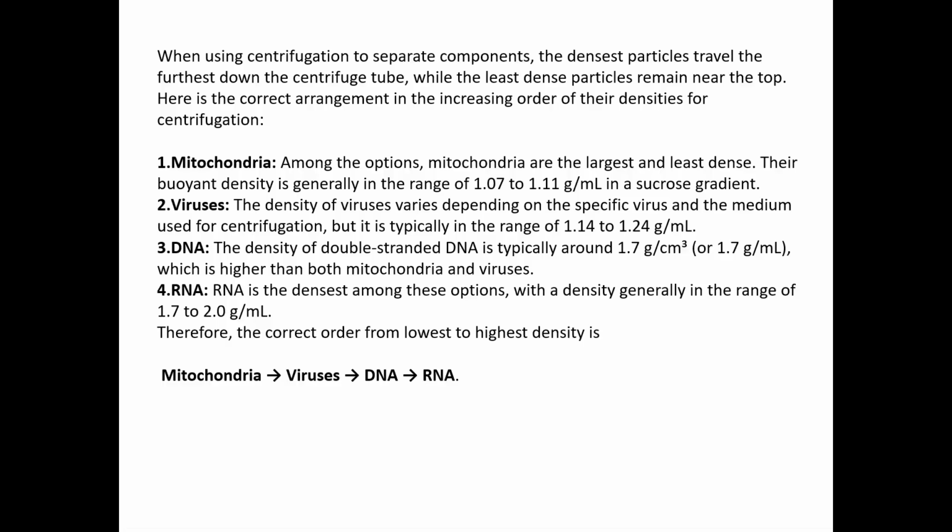Next is coming to the densities. So when using centrifugation to separate components, the densest particle travels the furthest in the tube, while the least dense particle remains at the top. So when you centrifuge at a lower speed, the higher density particle will pellet down at the bottom of the tube.